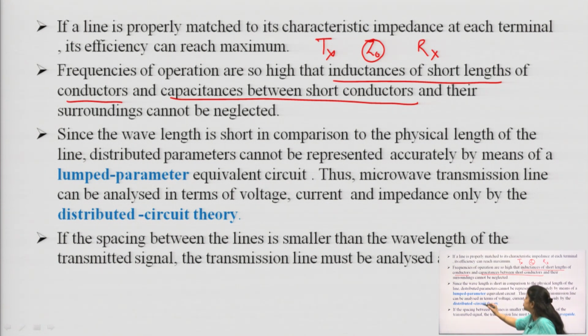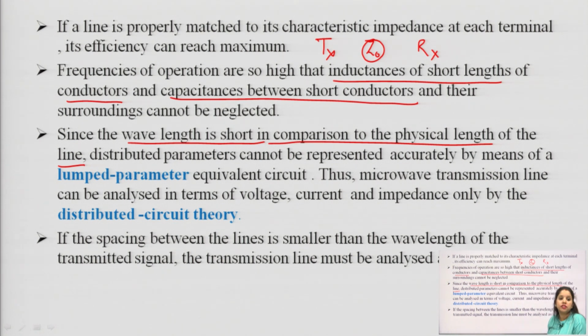Since the wavelength is short in comparison to the physical length of the line, because we already know that the wavelength is very low in the case of a microwave signal, as the frequency is high and the wavelength is inversely related to the frequency. So, the wavelength is always less compared to the physical length of the transmission line.